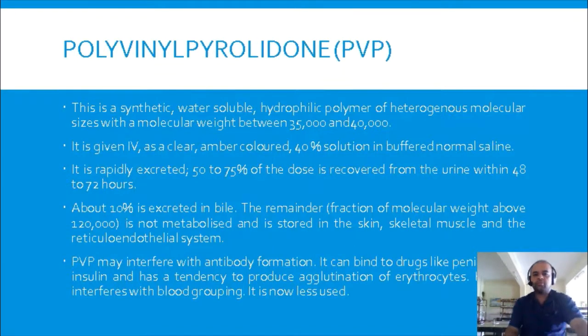So next is polyvinyl pyrrolidone. It is a synthetic, water soluble, hydrophilic polymer of heterogeneous molecular sizes with a molecular weight between 35,000 and 40,000. It is given by intravenous route as a clear amber colored 40% solution in buffered normal saline.